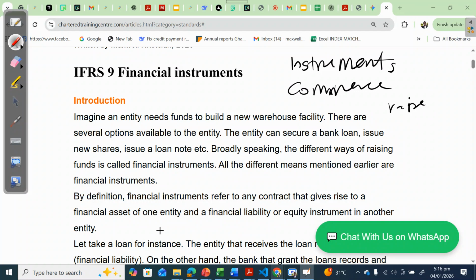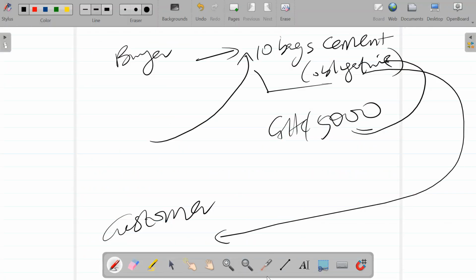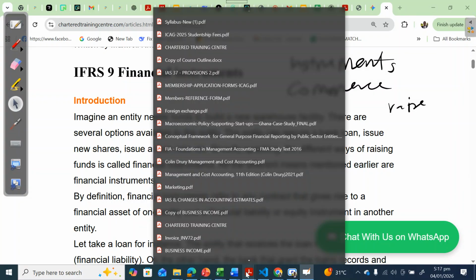One person records the instrument as an asset, and another person records it as a liability.